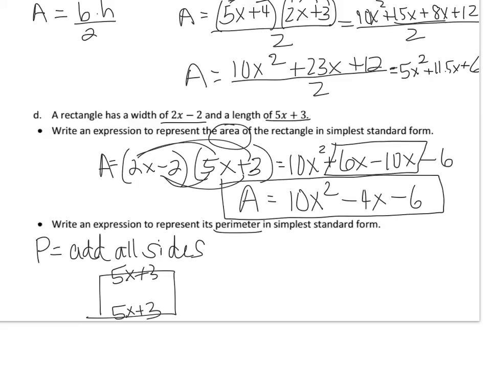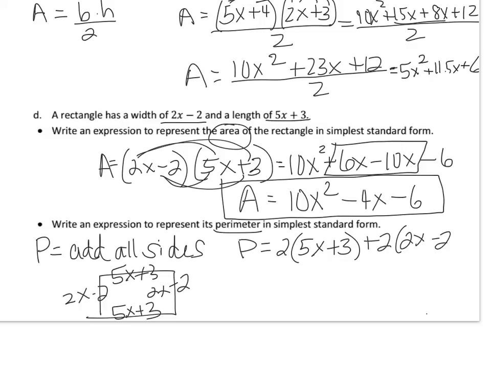And if we have a width of 2x minus 2, well, a rectangle has two widths that we're representing with 2x minus 2. So the perimeter would be 2 times the length, because there's 2 of them, added to 2 times the width, because there's 2 widths as well.